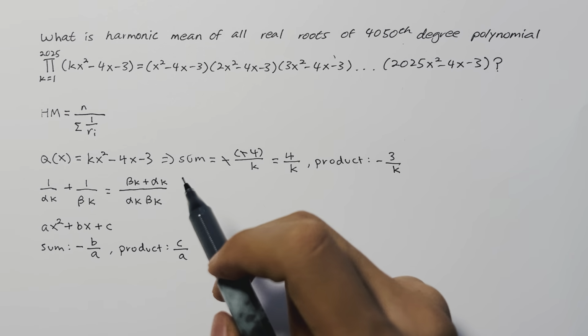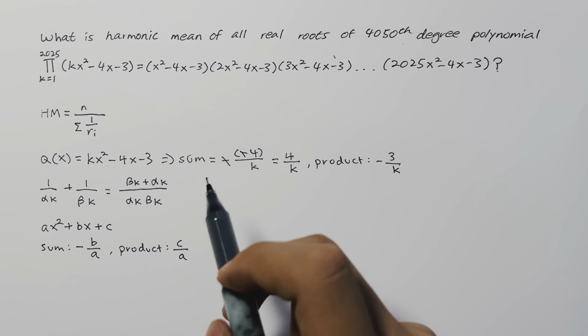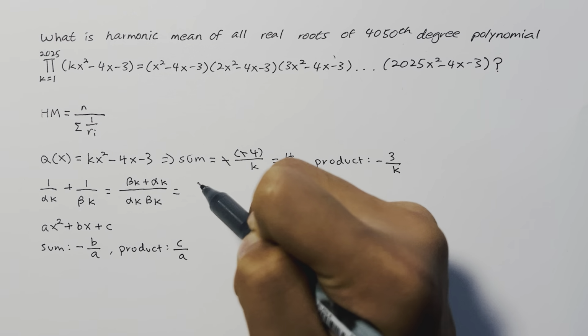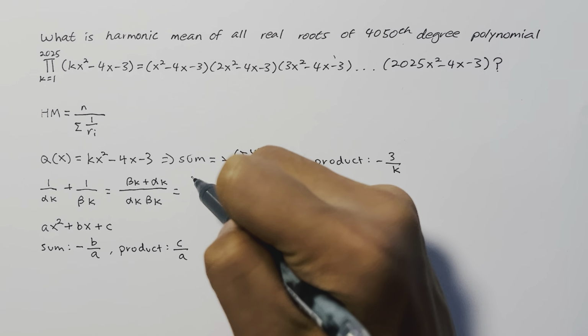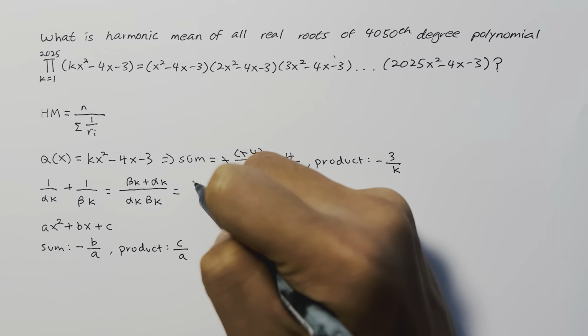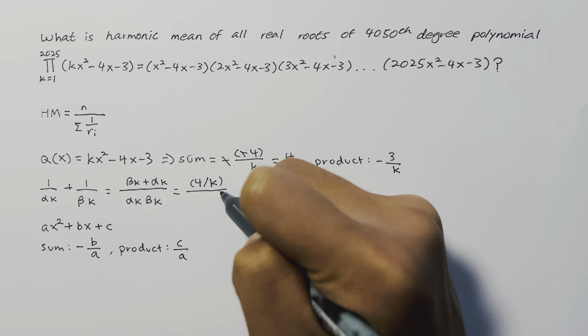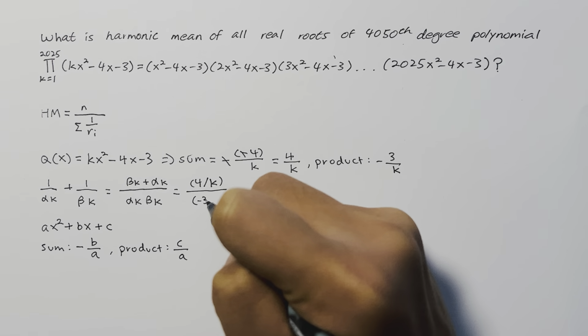Now we can substitute the values from Vieta's formulas. This becomes 4 over k divided by negative 3 over k.